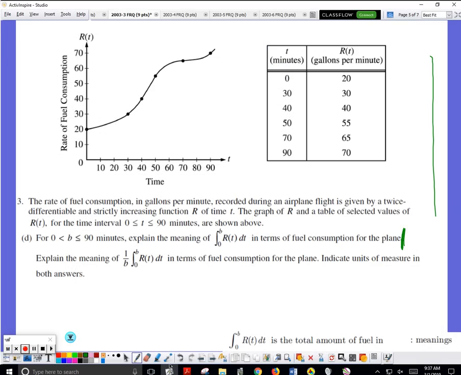So I would write, I think I've got it right here. So I would say the integral from 0 to b of r of t. I have to make sure I use units. This calculates the amount of fuel consumed.